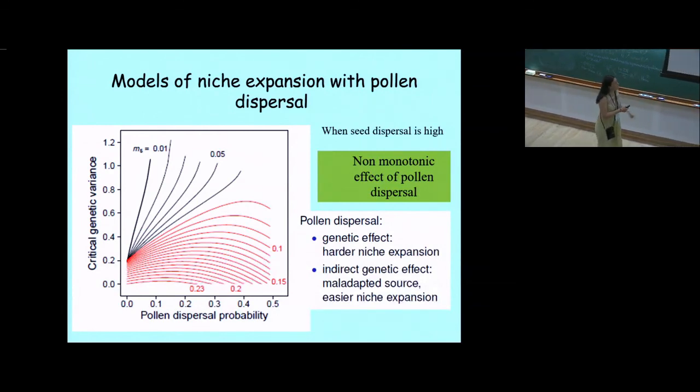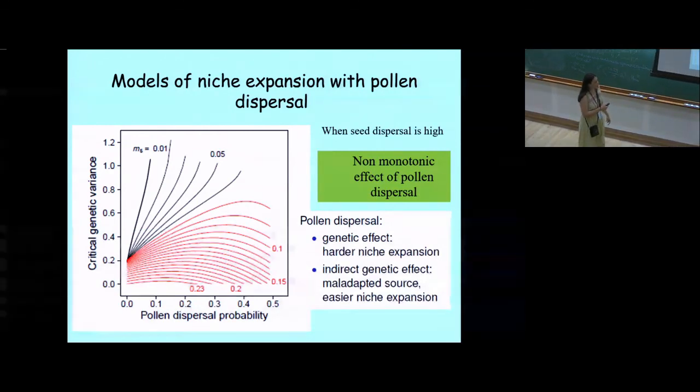So what we can do is use an analytical model to predict this critical level of genetic variance needed to adapt as a function of the pollen dispersal probability and the seed dispersal probability. Here you've got this critical genetic variance as a function of pollen dispersal probability for different rates of migration of the seeds.